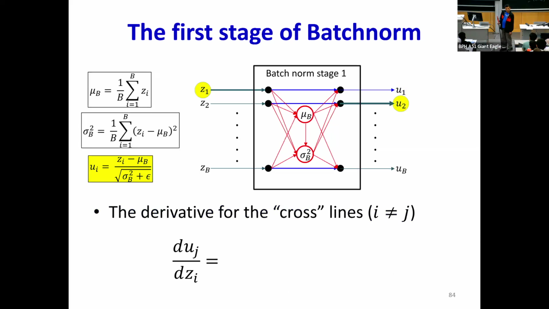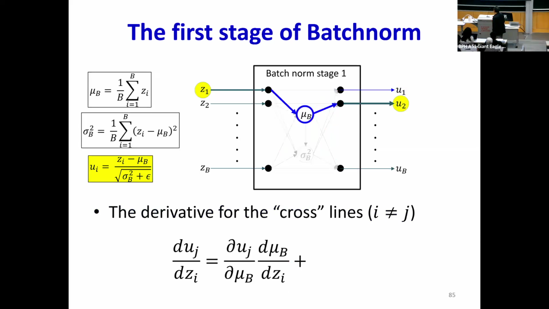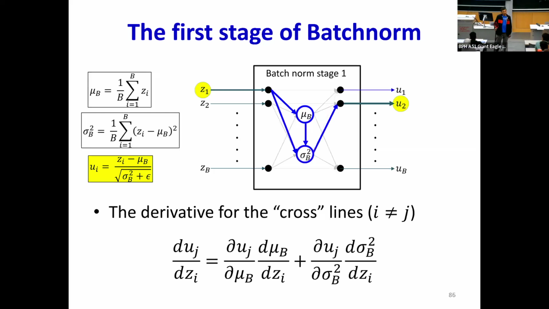With respect to mu and sigma. So this is going to be, Theo, can you tell me? I think it's just the second two from the previous. Yes, it's going to be u with respect to mu, mu with respect to z, and then u with respect to sigma squared and sigma squared with respect to z, right? And I won't work through this.